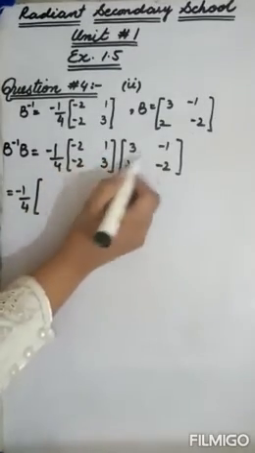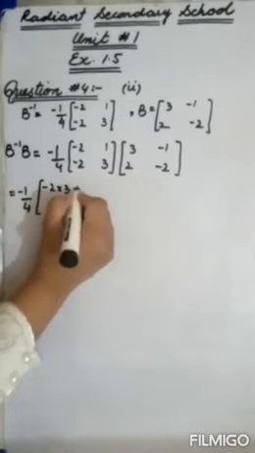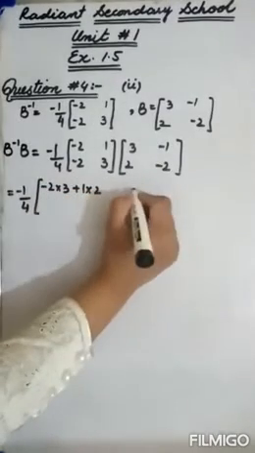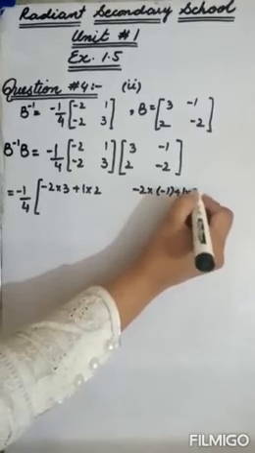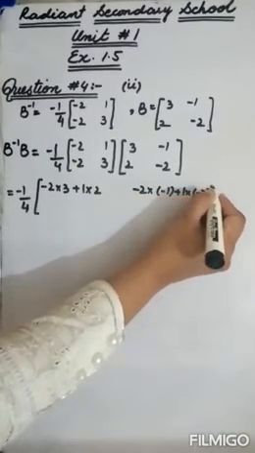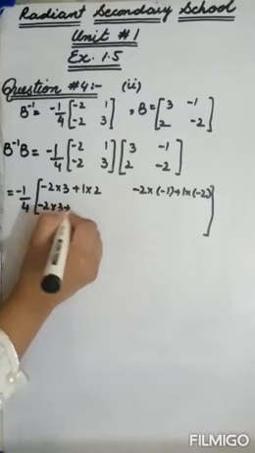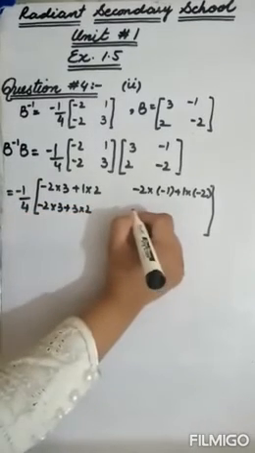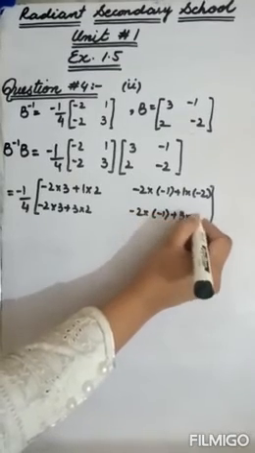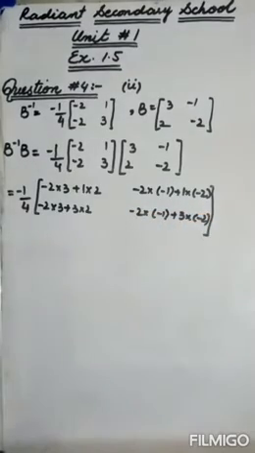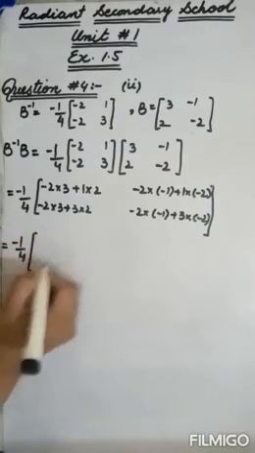First row will be multiplied by each and every column. Minus 2 will be multiplied by 3 plus 1 multiplied by 2. Minus 2 multiplied by minus 1 plus 1 multiplied by minus 2. Minus 2 multiplied by 3 plus 3 multiplied by 2 and minus 2 multiplied by minus 1 plus 3 multiplied by minus 2. Okay, minus 1 by 4 and now what will this be?